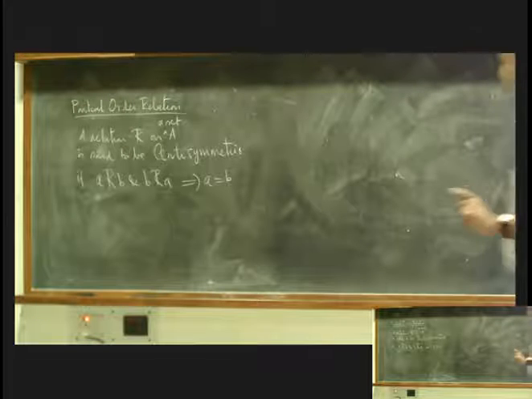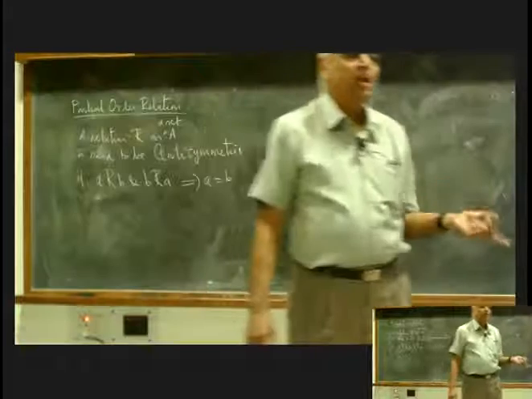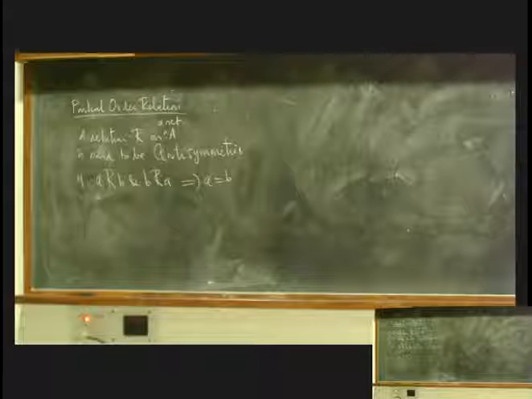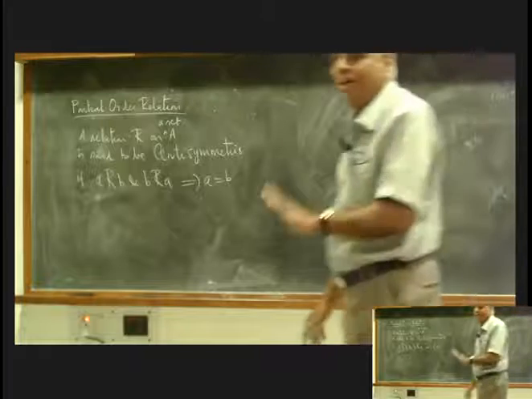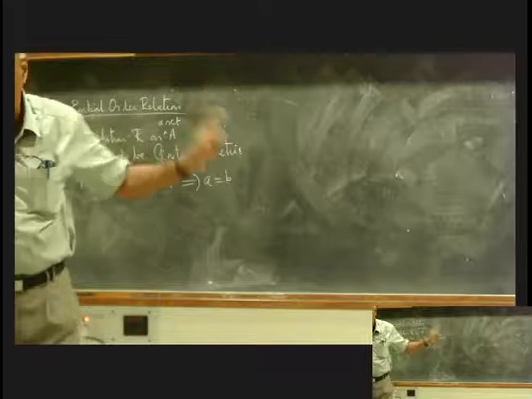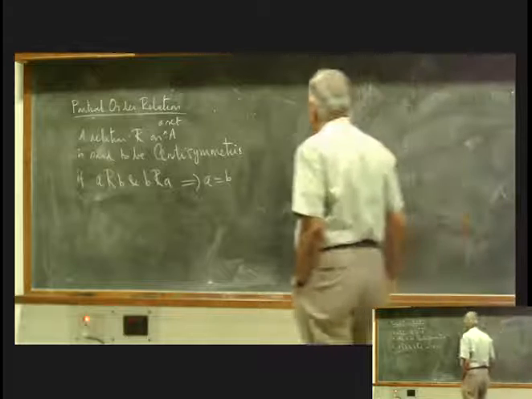This does not say that whenever A is equal to B, A is related to B and B is related to A. A may not be related to A at all. All he says is, whenever that thing happens, this is the only possibility and no other case can happen. Okay. So this is called antisymmetric.